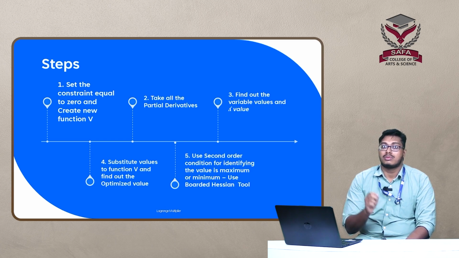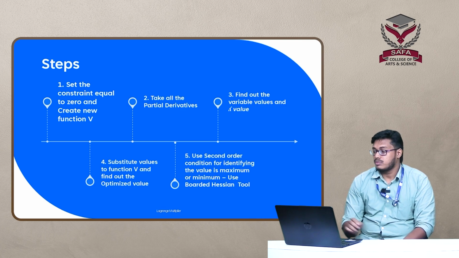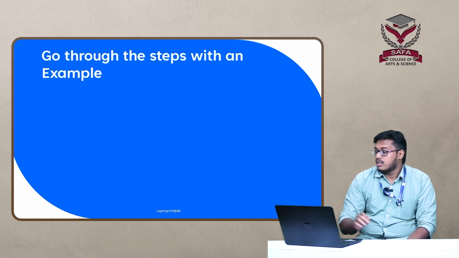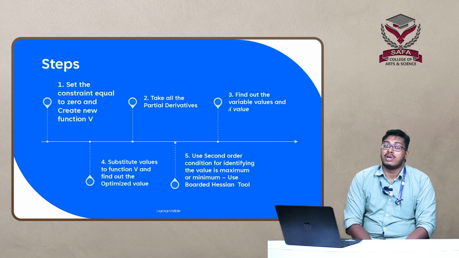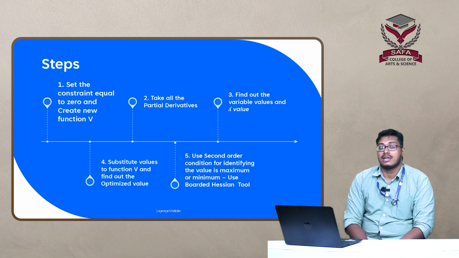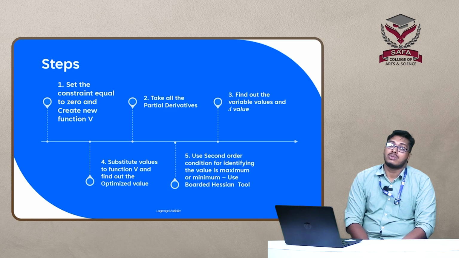We want to find out all partial derivatives and make them equal to 0. Then the third step is find the variable values and the lambda value. Then the fourth step is substitute the values to the new function form v.